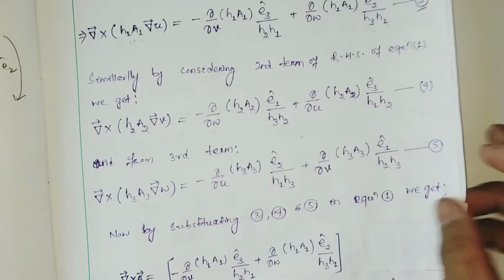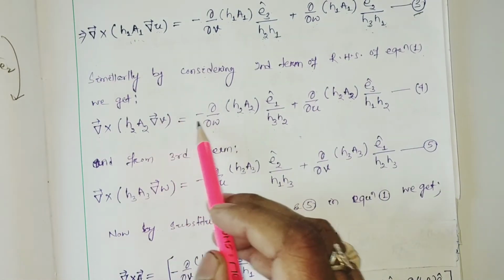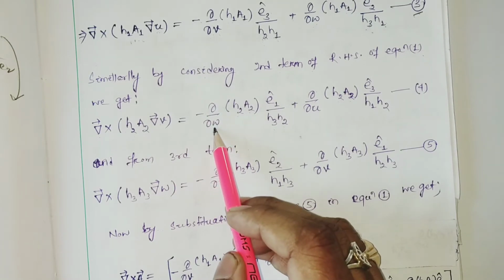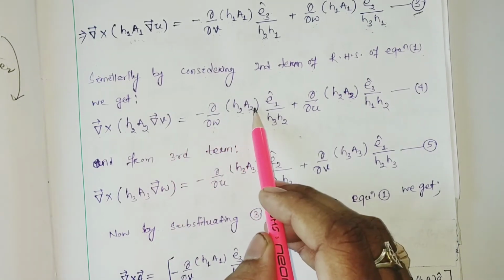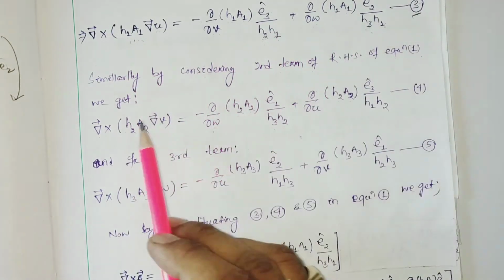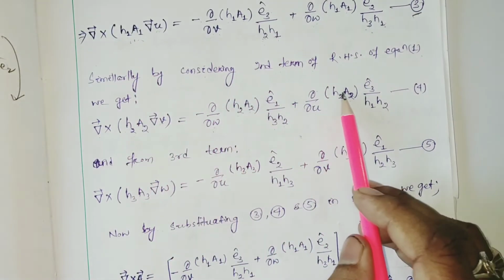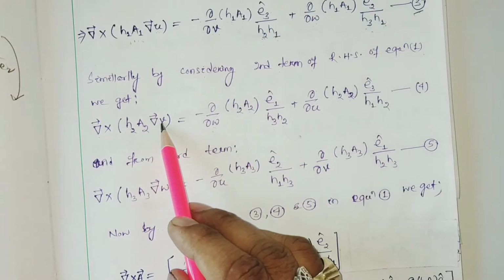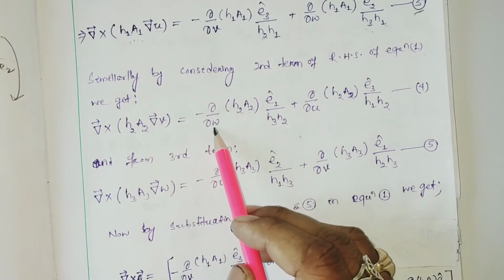Likewise here V is there, so next is your W, so minus del by del W of H2 A2.